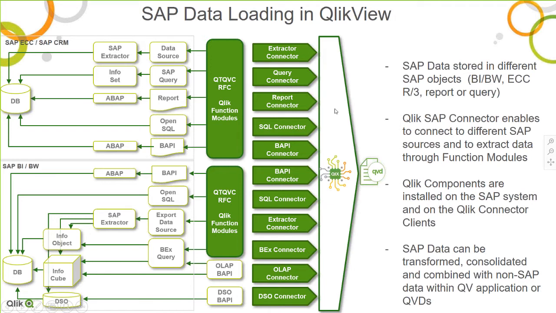Once we establish a connection with the SAP system, with our client, we can load the data, transform it, consolidate it and combine it with non-SAP related data and store it into our application or as a QVD layer and have it as a data warehouse in our BI platform.